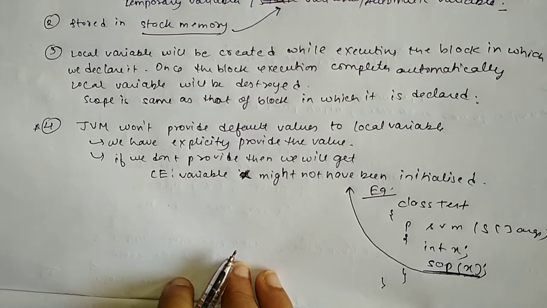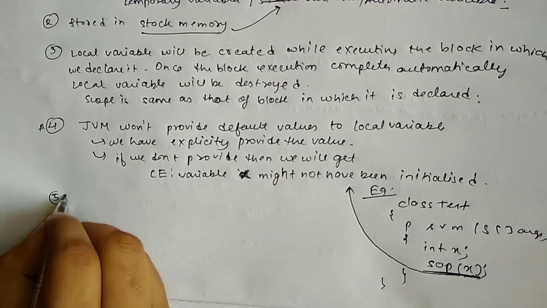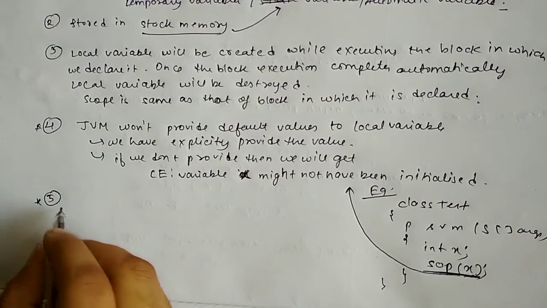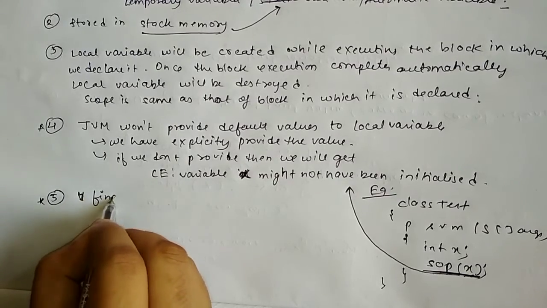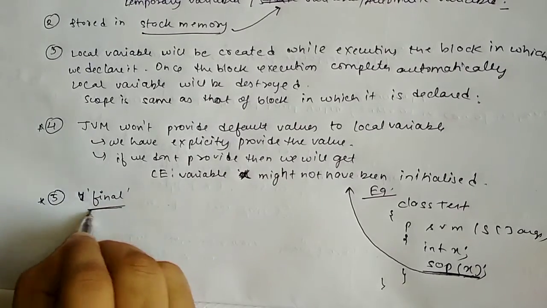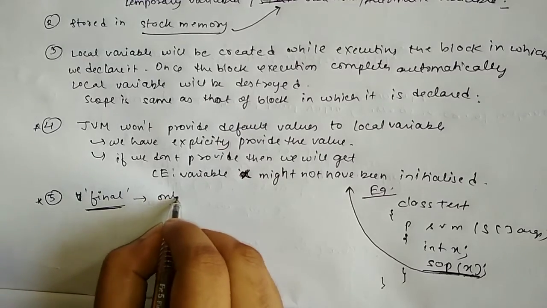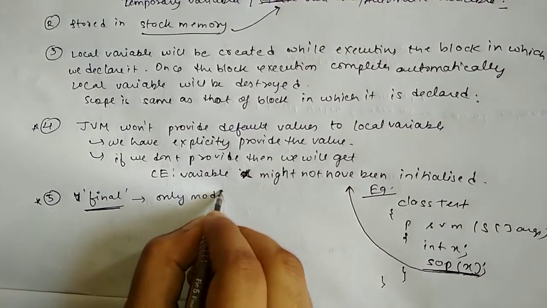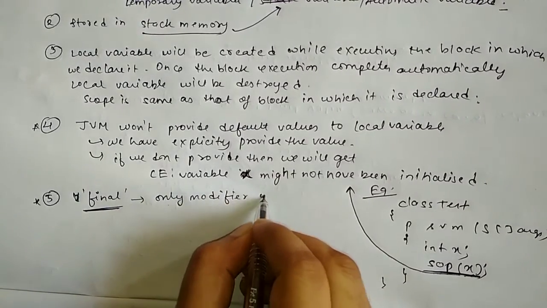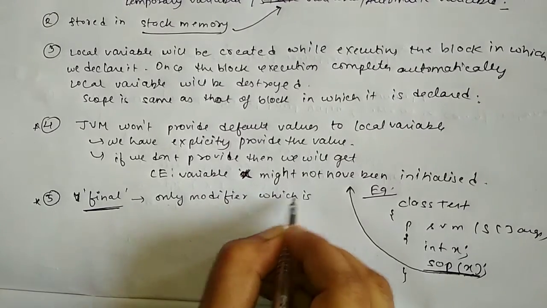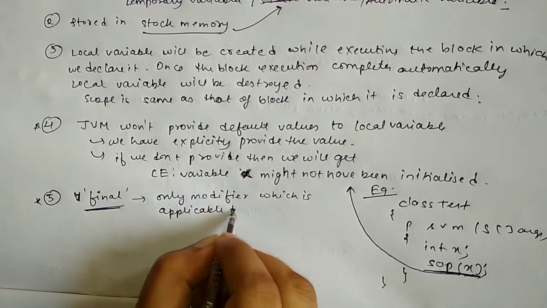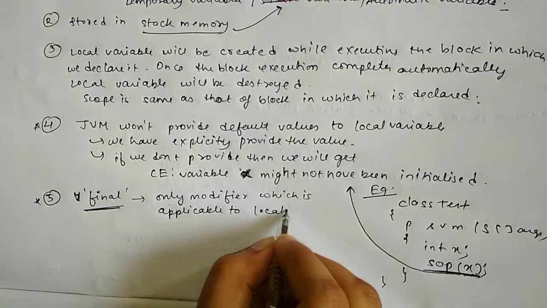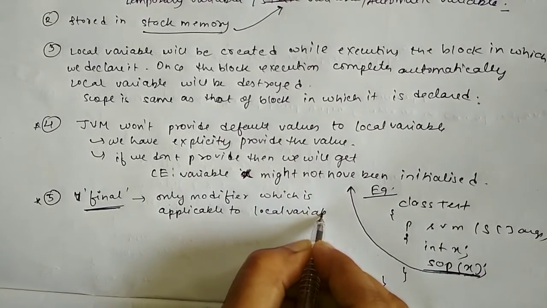And another important point is that final is the only modifier which is applicable to a local variable.